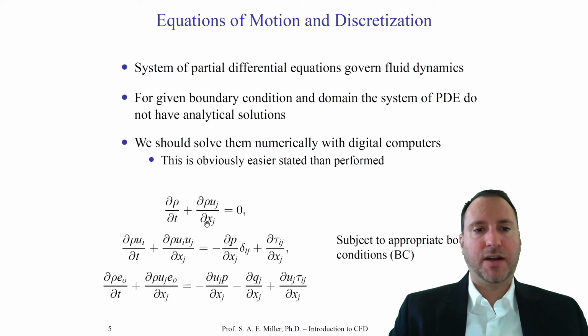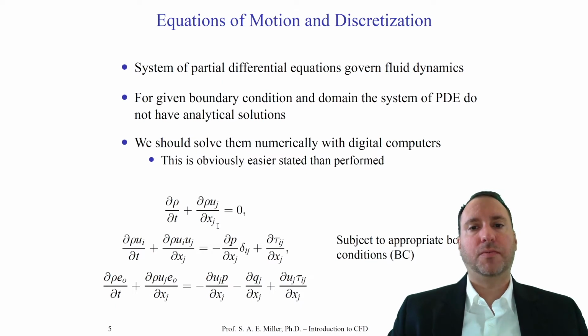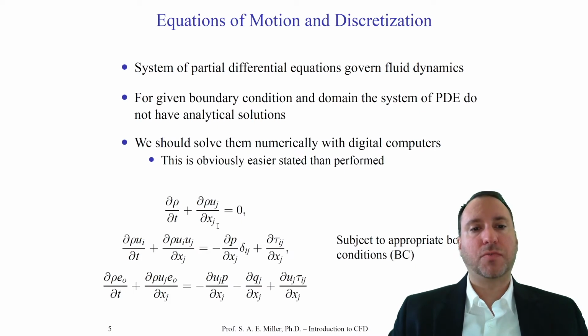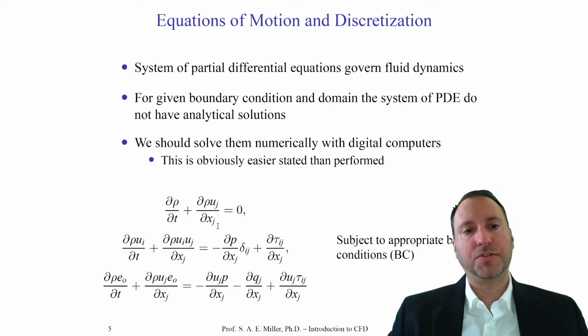So expanding out this term actually gives us three terms. If we write the velocity vector u equals u, v, w for the three directions of components in the velocity, it'd be partial rho u partial x plus partial rho v partial y plus partial rho w partial z.